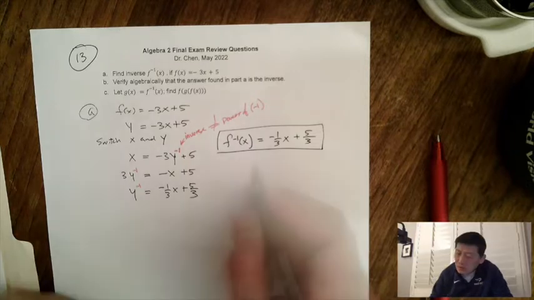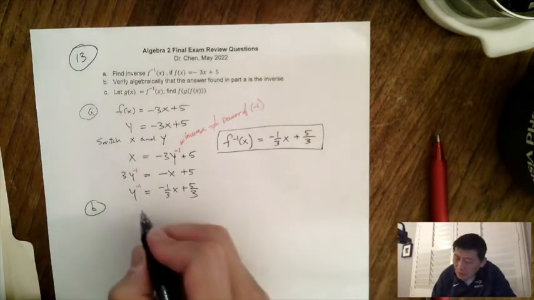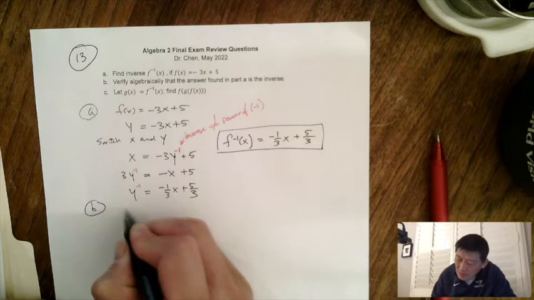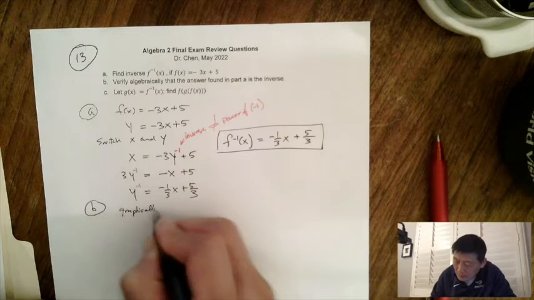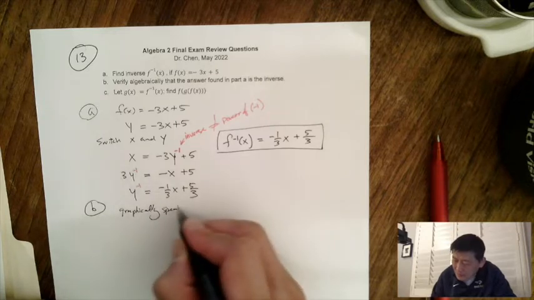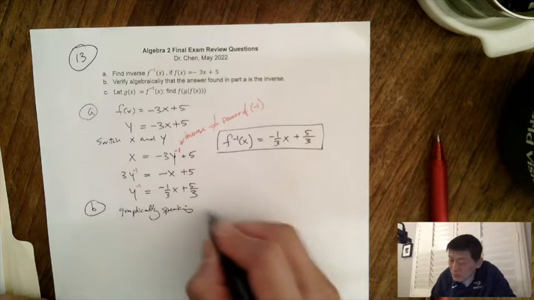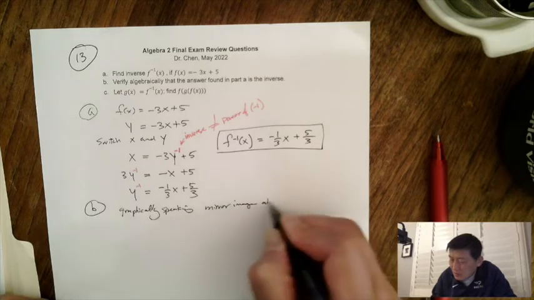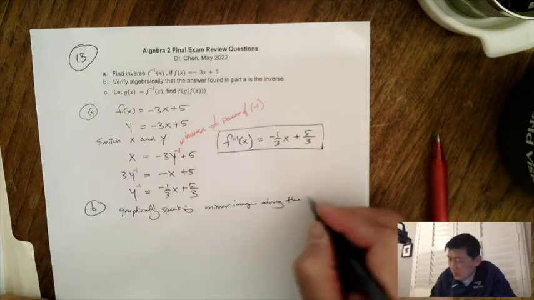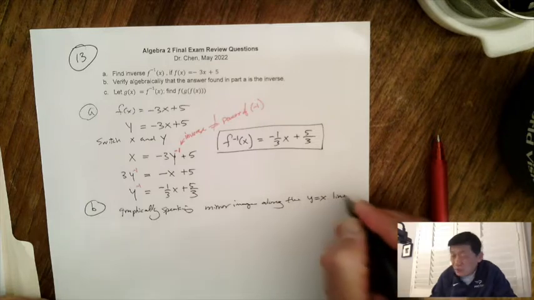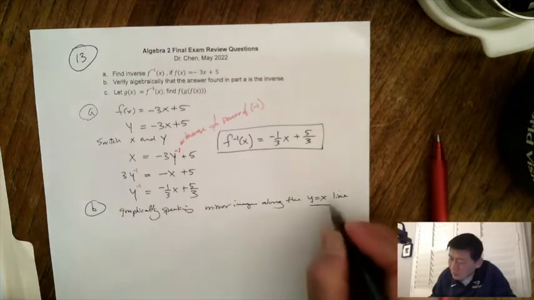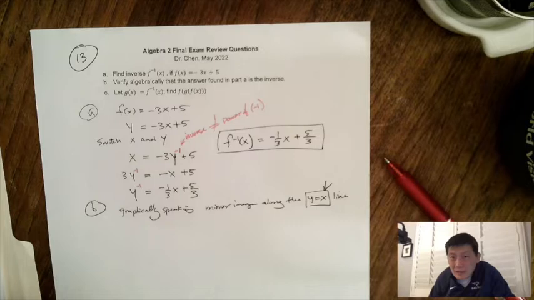What makes an inverse to its original function is that, graphically speaking, they are a mirror image along the y equals x line, which is like a 45-degree line, and so this idea of becoming equal to x is really important.